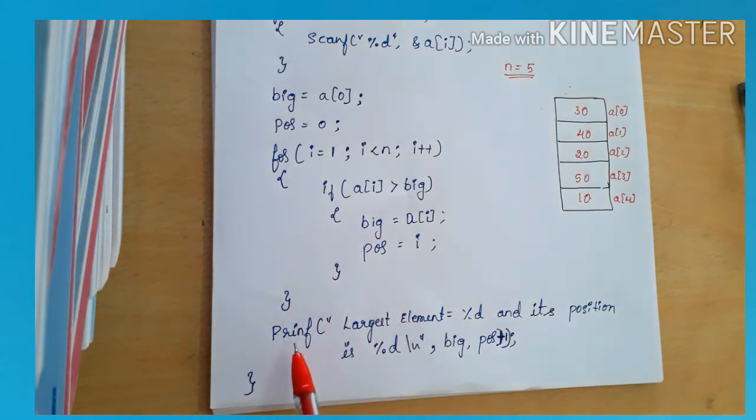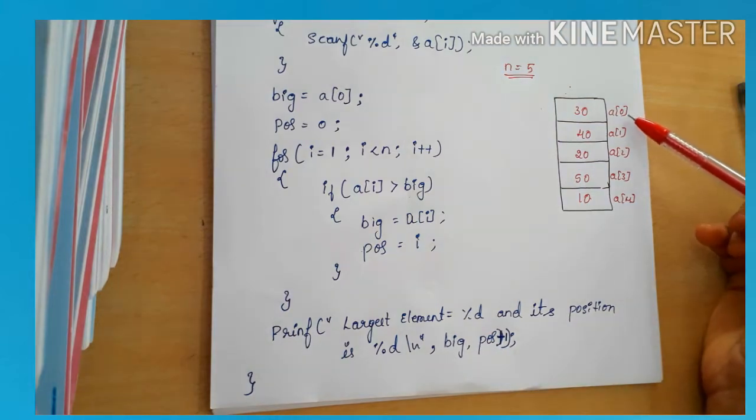So after this for loop, I'll write a printf statement to print the largest element, that is stored in the variable big, and also its position as stored in the variable position. But here I have used the variable position plus 1 because non-technical people don't know about this 0th position.